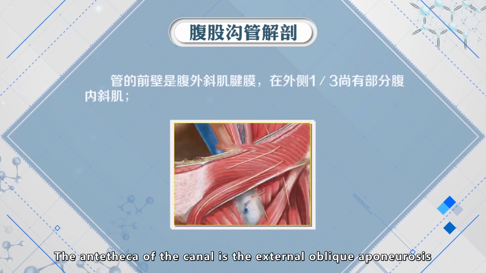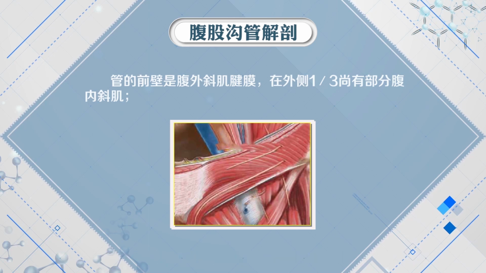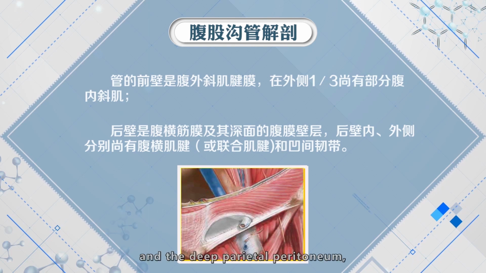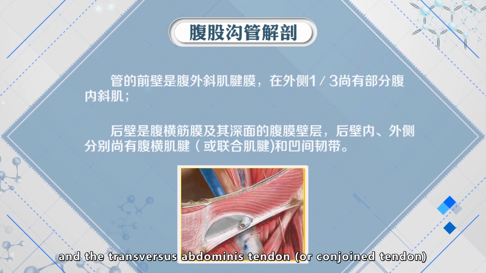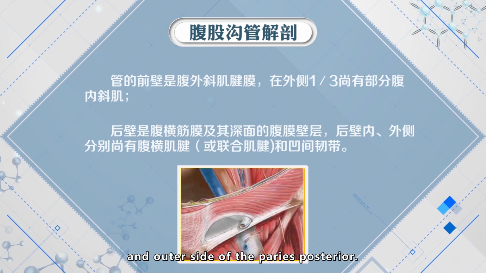The anterior wall of the canal is the external oblique aponeurosis and part of the obliquus internus abdominis at the outer 1/3 side. The posterior wall is the transversalis fascia and the deep peritoneum, and the transverse abdominis tendon or conjoint tendon and the interfoveolar ligament are respectively at the inner and outer side of the posterior wall.